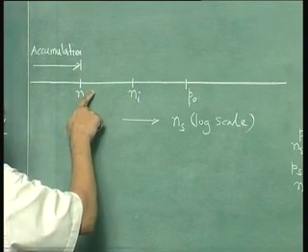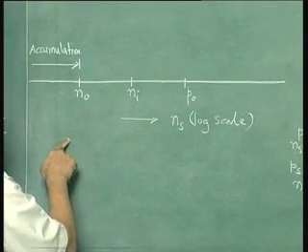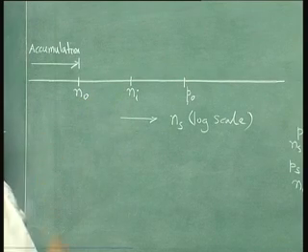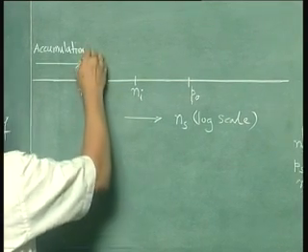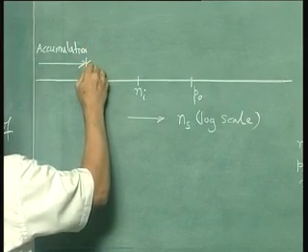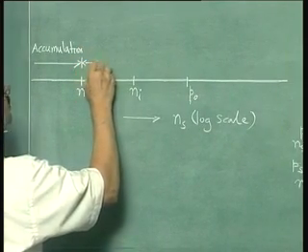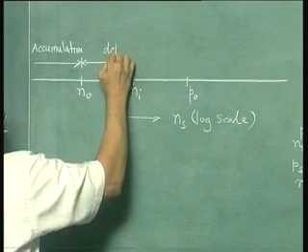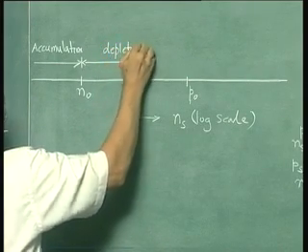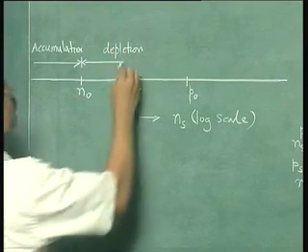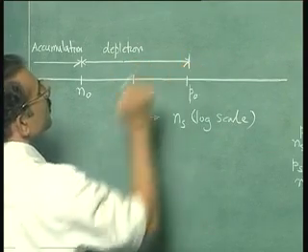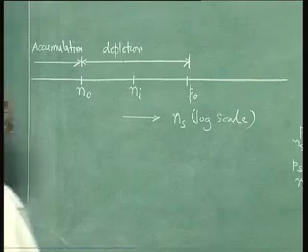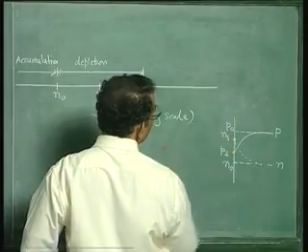When N starts becoming more than N naught, or correspondingly the hole concentration starts becoming less than P naught, here you have depletion. Now this depletion continues until your Ns becomes equal to P naught.